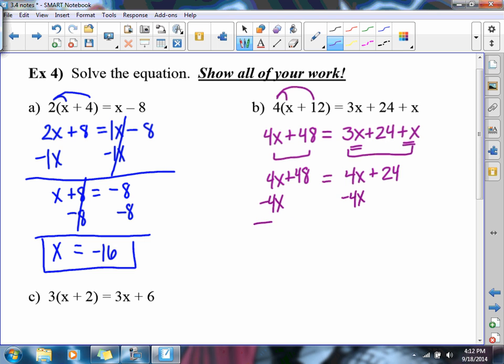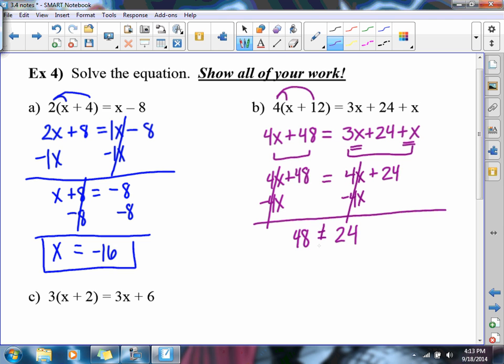But now that actually gets rid of both of my x's when I do that. Those x's cancel, and I get a 48. These x's cancel, and I get a 24. Wait a minute. Is that true? 48 equals 24? That's not a true statement.